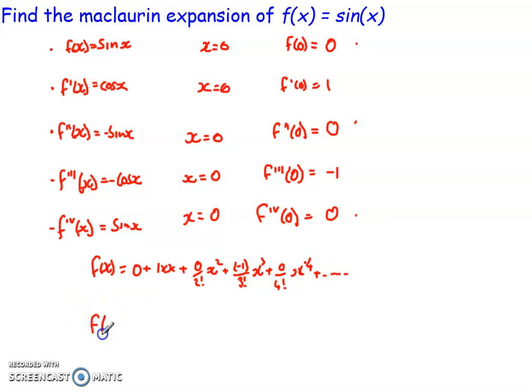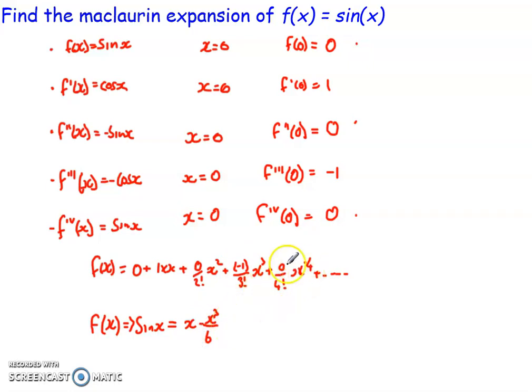Well, again, one thing you need to notice is that if we have our function f of x, so sine x, written as a power series, this first term would disappear. I'd then have 1 times x, so it's going to equal x. The second term would then disappear again because it's got a coefficient of 0. This third term would be minus 1 over 3 factorial, so that would then be minus x cubed over 6.